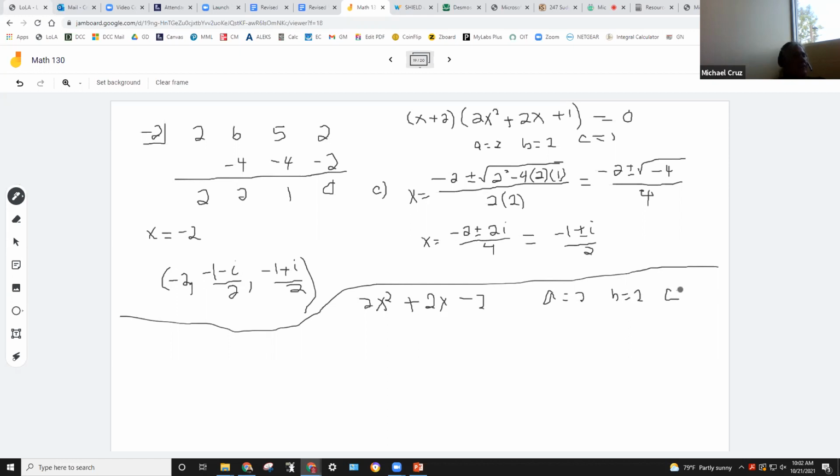And C is equal to -1. And this is going to be another one where we could factor it. It's not factorable, but you could factor it if it is, and it might be quicker.